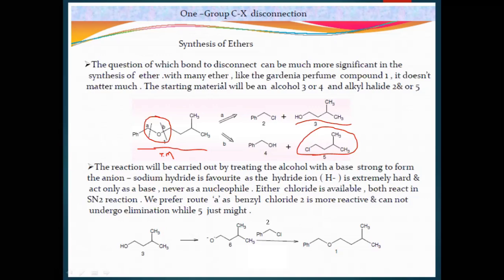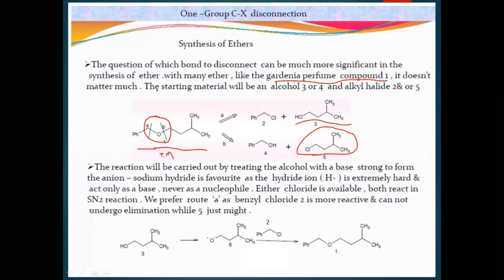So take the example of an ether like gardenia perfume. This is the target molecule, gardenia perfume, compound one. The gardenia perfume structure is this one. In this case you have an ether linkage, C-O. There are just two C-O bonds available for the disconnection.